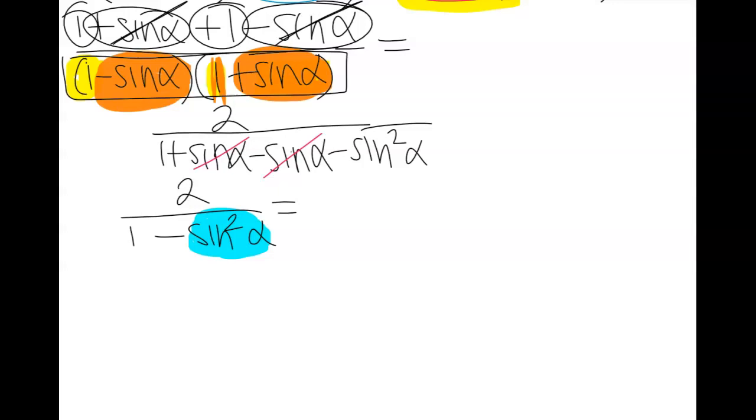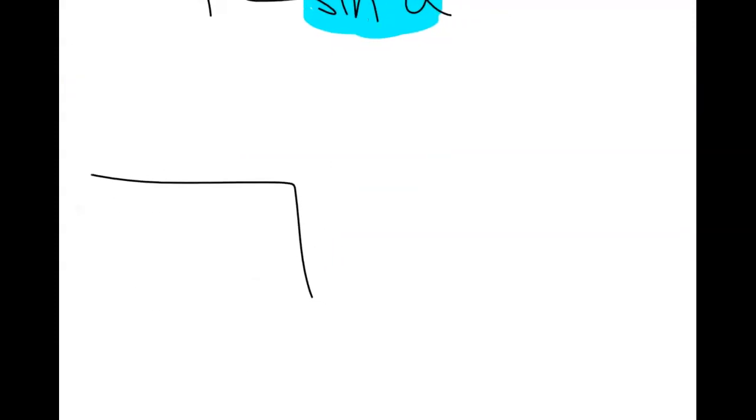So we don't want to have sine square, we want to have cosine square. Remember the Pythagorean identity, it goes like this: sine square alpha plus cosine square alpha equals 1.